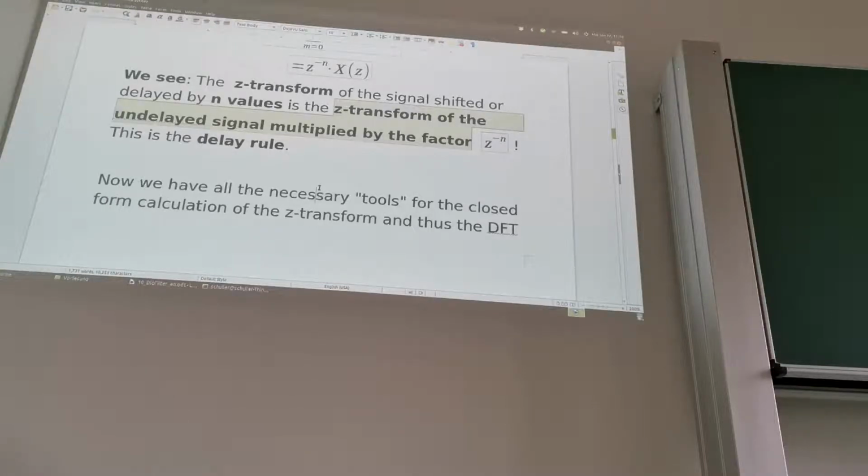So now we achieved to reformulate the delay in the z-transform as a factor. And when we have sums of delayed signals in the time domain, then we have factors of the original signal in the frequency domain, and then we can simply factor out those factors from the sum. So this is what we will do next.